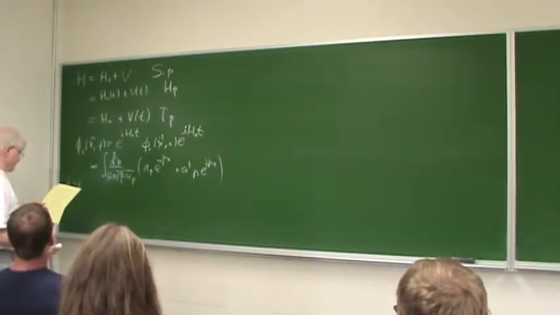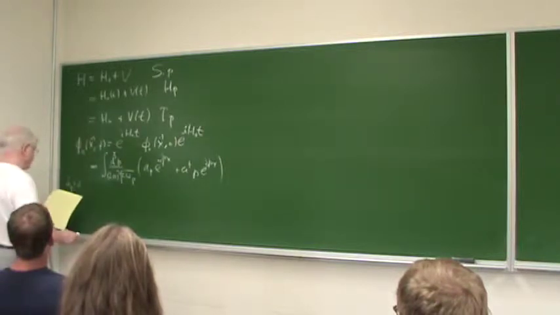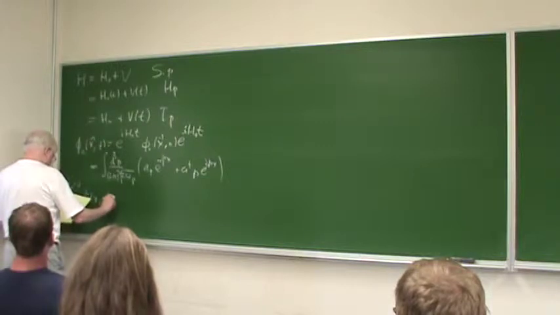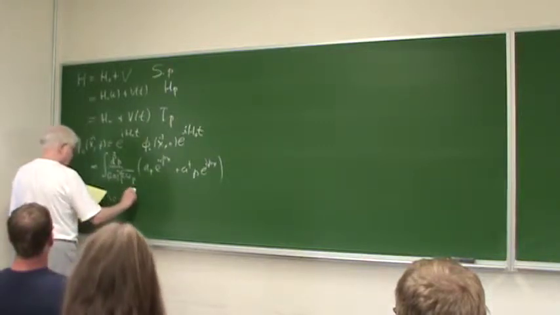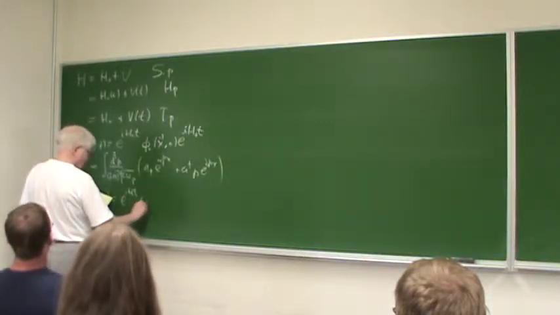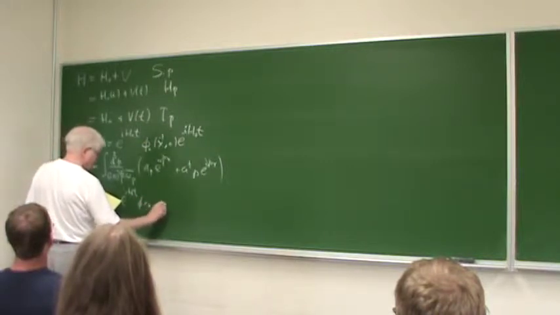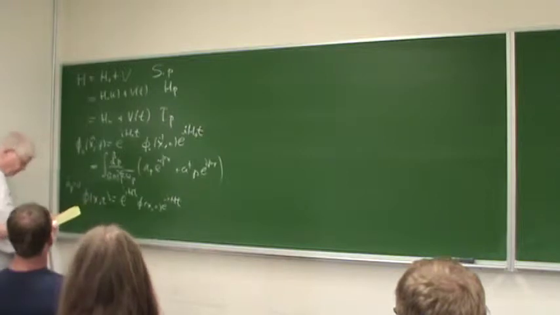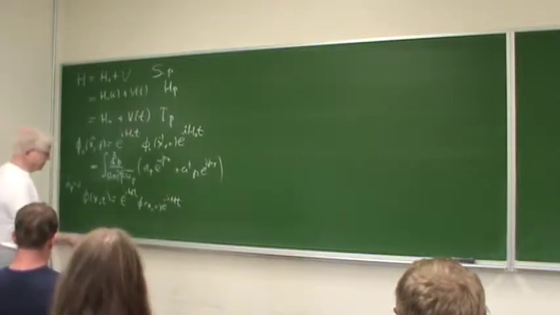Okay, on the other hand, the Heisenberg field is phi of x and t, which is e to the i H t, phi of x and 0, e to the minus i H t.